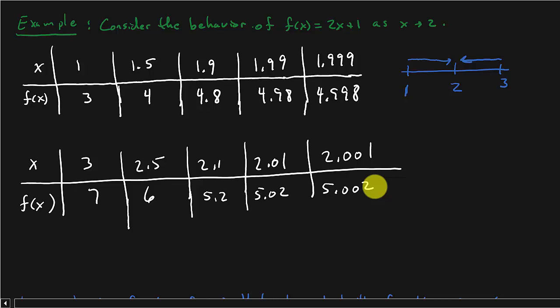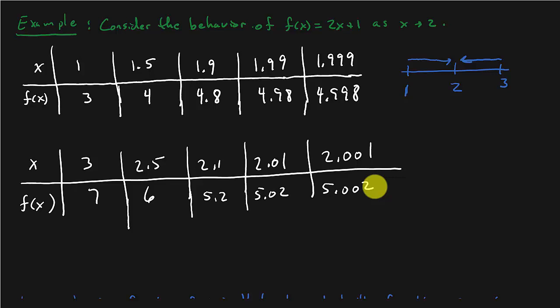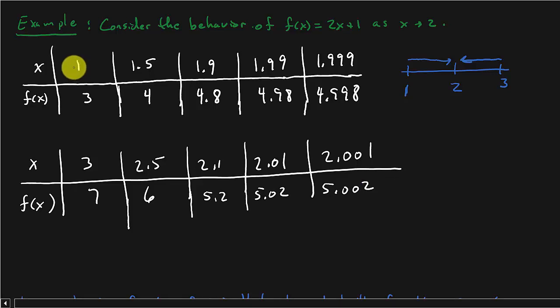All right. Now, let's look at this. As I'm coming into 2 from the left-hand side, look what my y values are doing. Do you see how these y values are getting closer and closer to the number 5? And as I'm coming into 2 from the right-hand side, look at my y values.